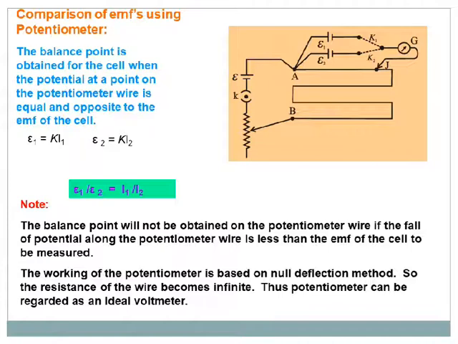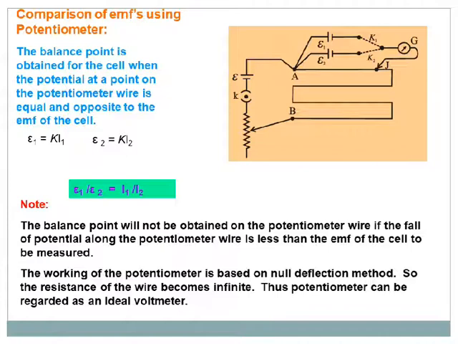In this case, we are going to deal with the individual cell method. What is the individual cell method? We tackle the cells individually. Both cells will not work at once; only one cell works at a time and then the second cell. We take readings for each individual cell.